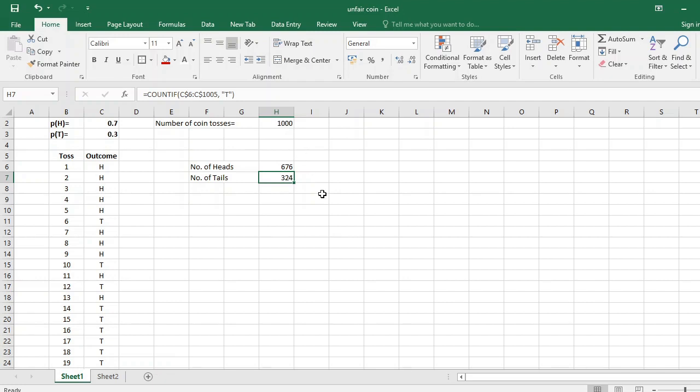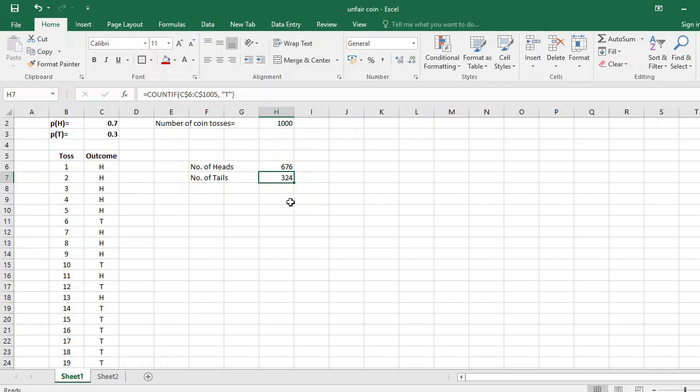Right. So again, as you can see, this is a biased coin which has 70% probability of getting heads, 30% probability of getting tails, and if you have done 1000 coin tosses, then theoretically speaking you will expect that there are 700 heads and 300 tails.